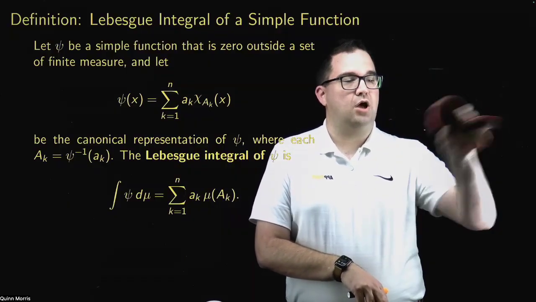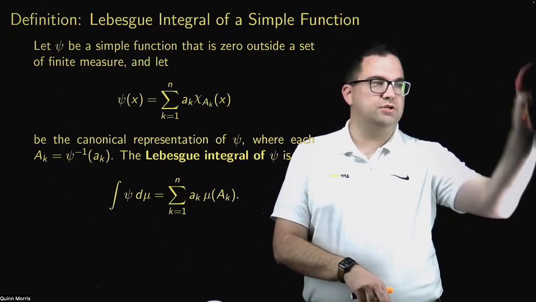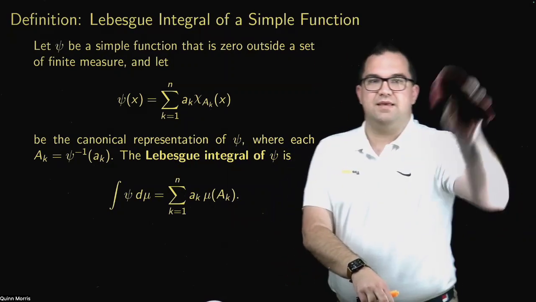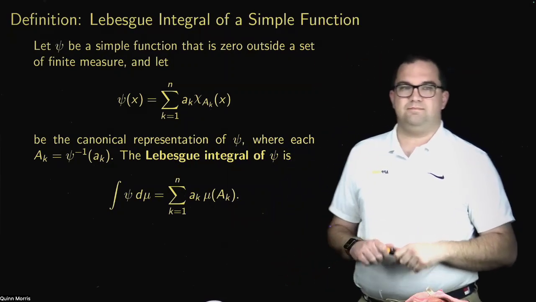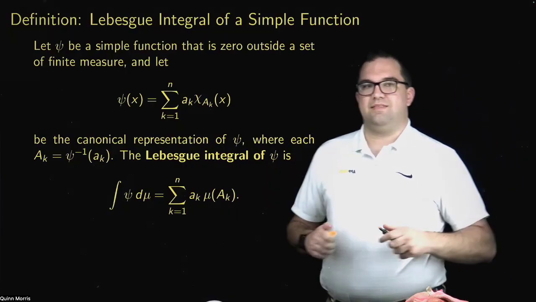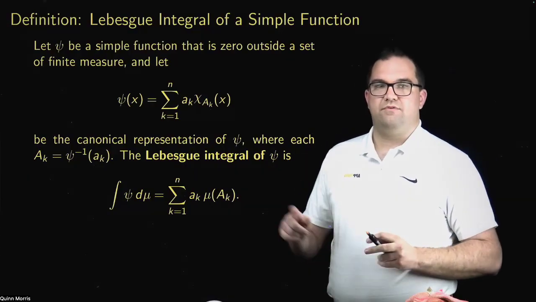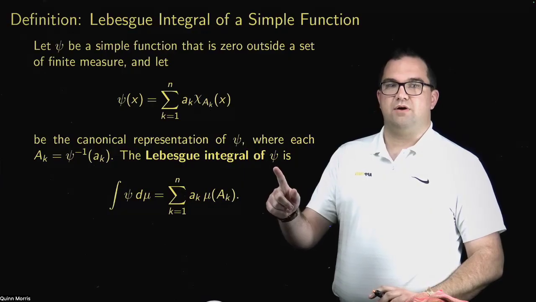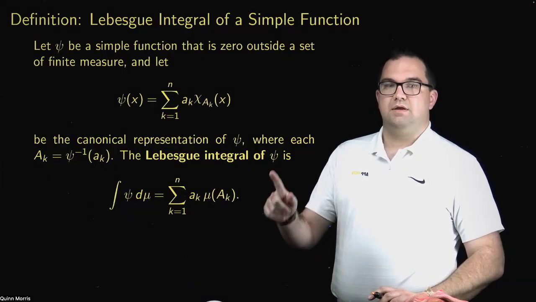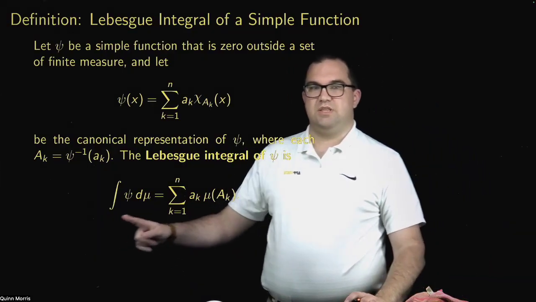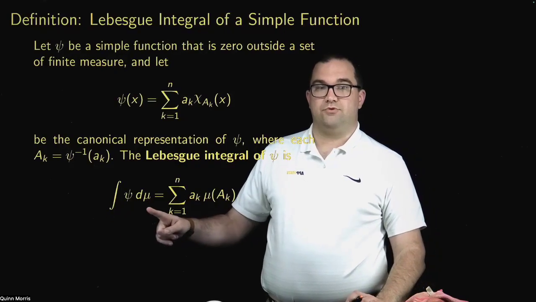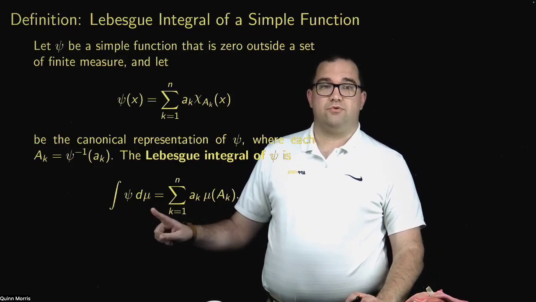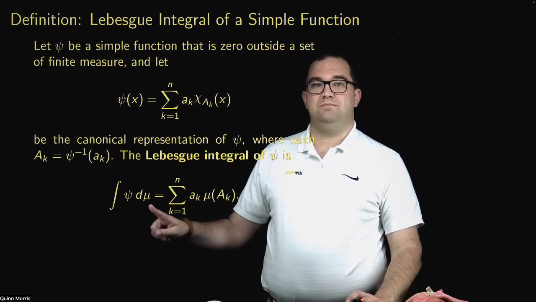All right, so we have a simple function. It is expressed in this canonical representation. Then we can say that the Lebesgue integral of that simple function psi is, and this is just how we denote a Lebesgue integral, notice it looks like a Riemann integral. The only difference is here we have d mu.